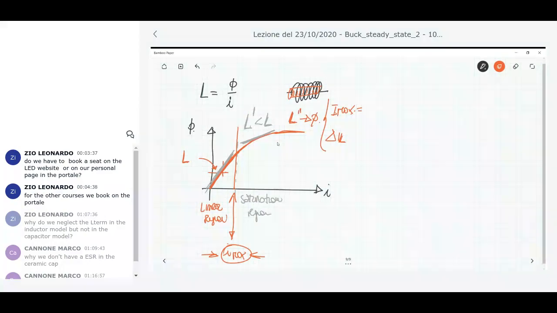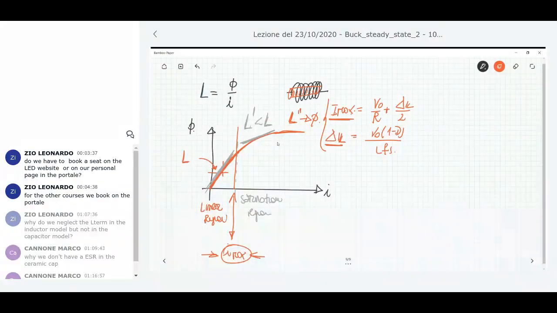The maximum current is VO over R plus the ripple divided by 2, and the ripple is defined as before, VO over R minus V. So when you choose the inductance, its value can be chosen on the basis of the inequalities I defined before, for example to stay in CCM, but then you also have to compute these two parameters for choosing from the data sheets the inductance you need.